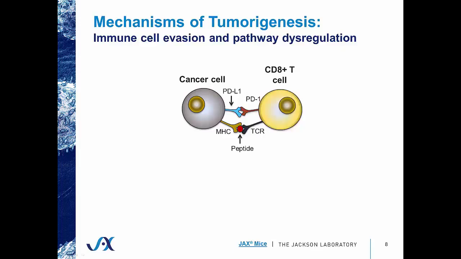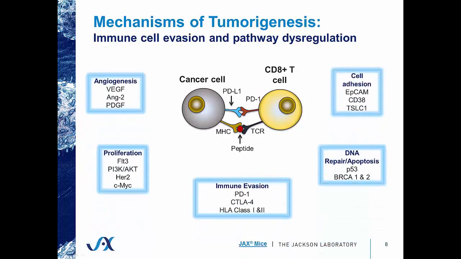There are other proteins that are dysregulated during tumor formation, including proteins involved in angiogenesis, as well as proliferation, DNA repair, apoptosis, and cell adhesion. By targeting these antigens, by either blocking corresponding receptors and downstream effectors, immuno-oncology compounds can be used to restore these imbalances so that the immune system has this natural ability to detect and attack these cancer cells.